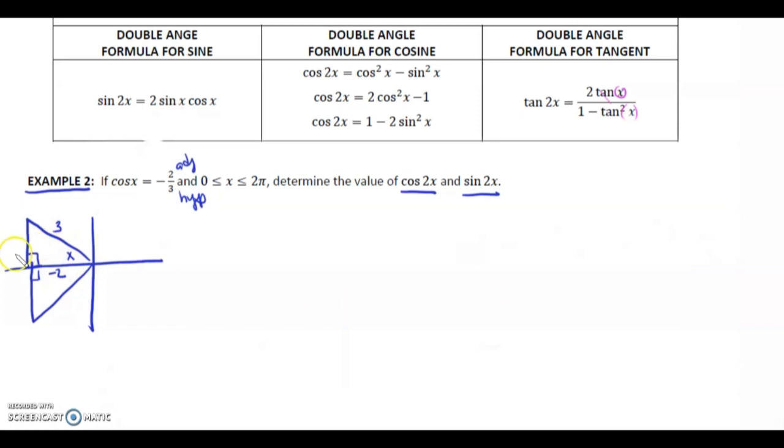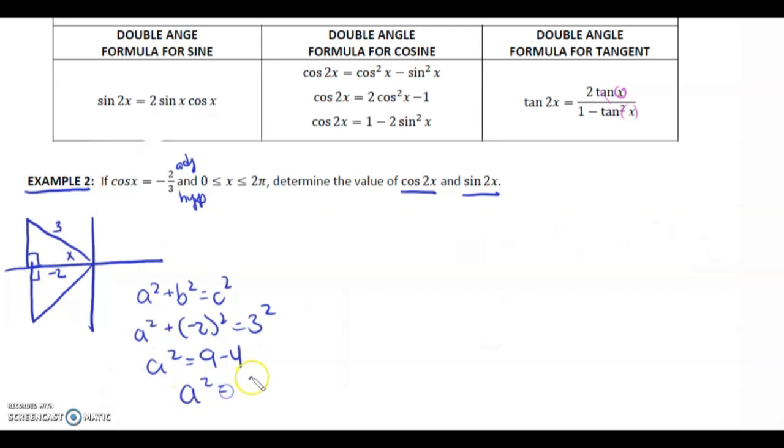Now let's do Pythagorean's theorem to see what the opposite side is. So we have like a squared plus b squared equals c squared. I'm going to go a squared plus negative 2 squared equals 3 squared, which is 9 minus 4.